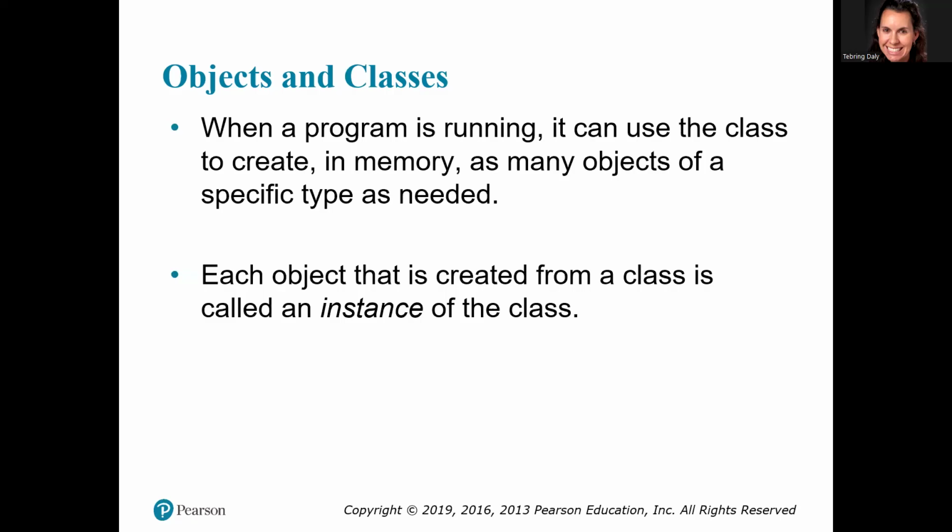Okay. To be fancy, whenever you create this object, like let's say you have this blueprint and you're building the house, we call it creating an instance of the class, which is called instantiating the class, which is basically creating an object. So you have the blueprint for the houses, but when you actually build the house, that's called an instance of the class, an instance of the blueprint, or instantiating a class to be fancy.